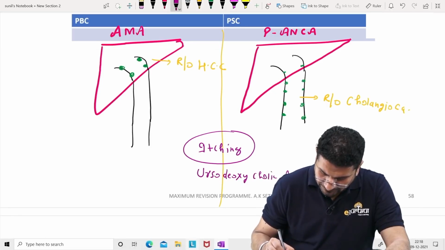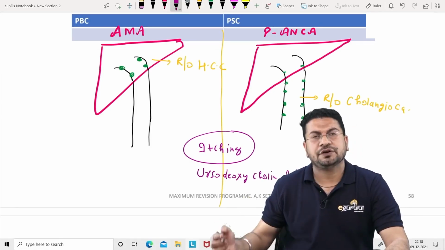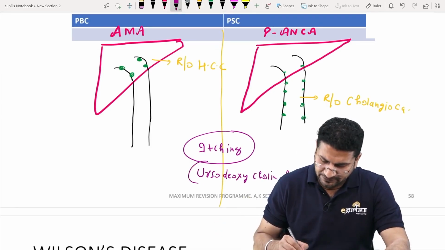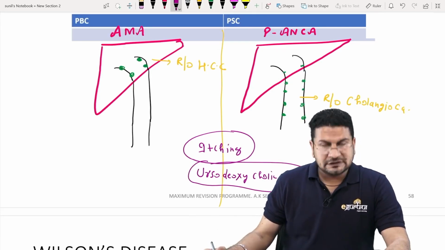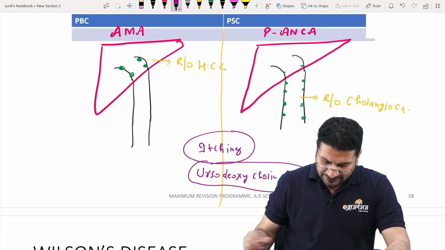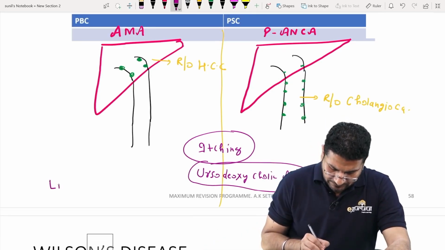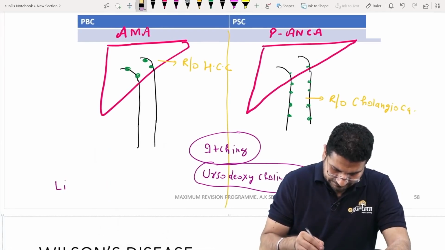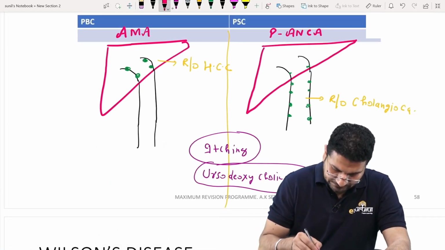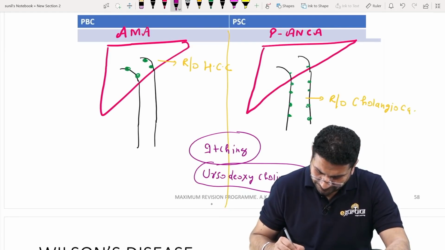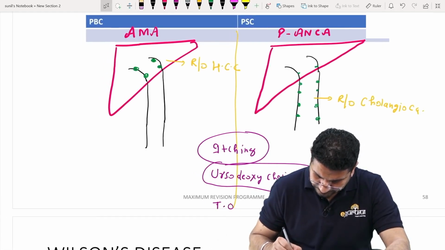We can use this drug in both cases, UDCA. This comes as a 300 mg tablet. This is the treatment. But the treatment of choice will be liver transplant, because this is an autoimmune condition. So treatment of choice for both scenarios will be liver transplant.